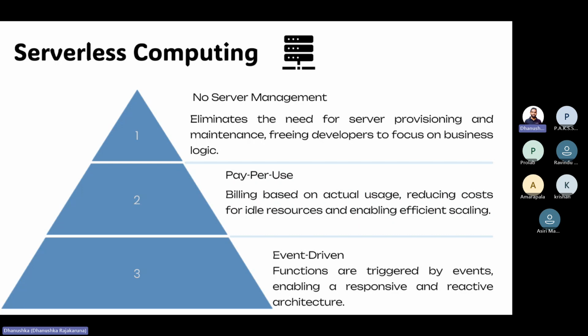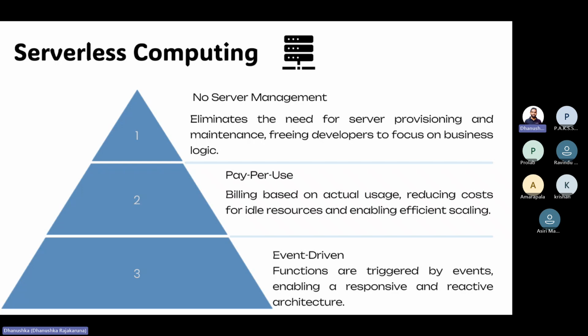So the infrastructure means the cloud manages all backend operations, including server provisioning, scaling, and maintenance. This is done mainly by the cloud provider. Then there is event-driven architecture.